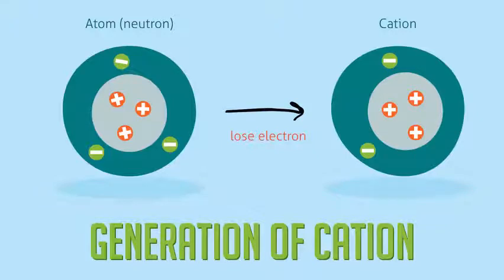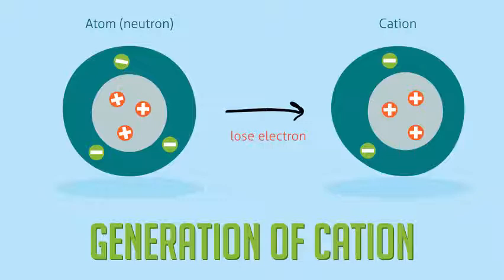Let's take a closer look at how a cation is formed. So a cation is a positively charged version of an atom, and this happens when an atom loses an electron. So on this left-hand side, we've got an atom here that has 3 protons in the nucleus in the center, the positive charges, and 3 electrons around that orbiting the nucleus.